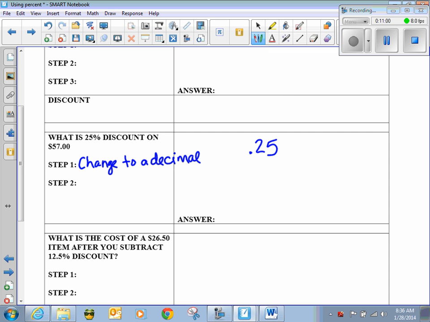Step 2 is we're going to multiply to 57. You can put the 2 zeros on the end. You don't really need to. Those are just placeholders. So 0.25 times 57, and I know I'm using the times sign.